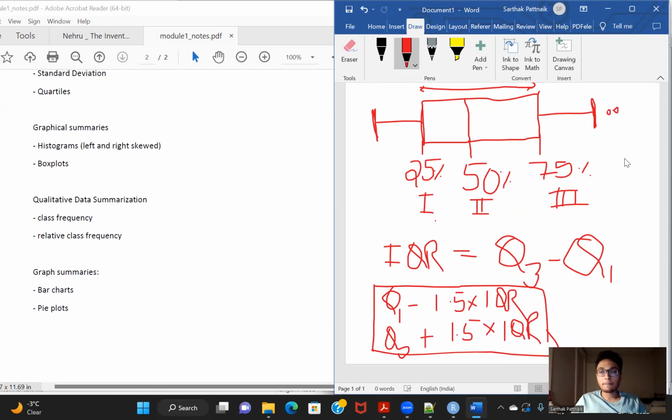For example, in a class, you will have the majority of the students falling in a certain range. But there will be one or two students who will have significantly higher marks than the rest of the class. So those become important points of analysis when it comes to machine learning. How we treat them, how we analyze them, that's a different question that makes machine learning much more interesting. But for now, just understand this. Any point that lies beyond the extremities of the box plot is referred to as an outlier.